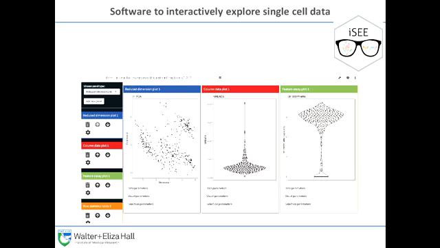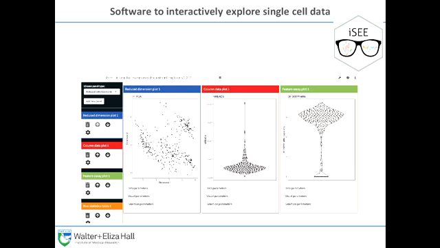And then you can run iSEE, it pops up a tab in your browser, and then you can look at panels like this where you can look at PCA space. You've got visual parameters that will let you color the points by whatever metadata information is interesting, like the sample or the cell type and so on. You can look at plots of the distributions of gene expression values or other cell metadata, like the number of genes expressed per cell.